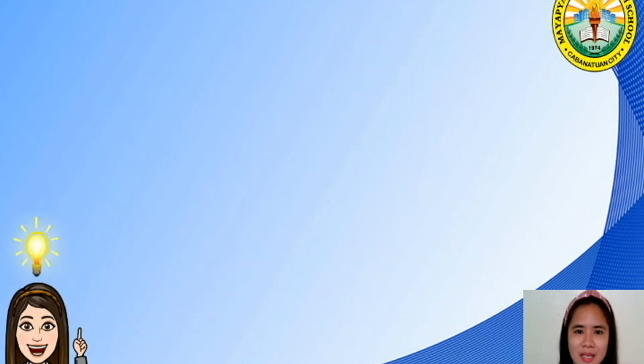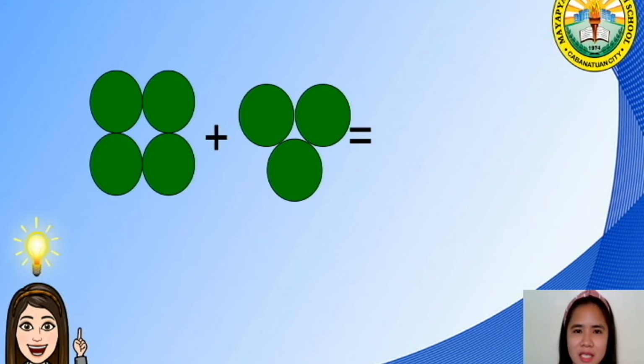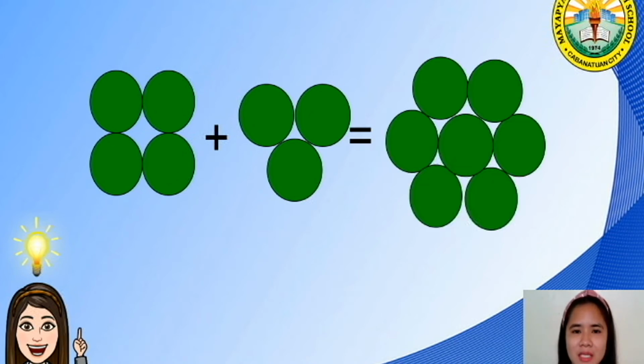Now let's proceed in adding integers. If we have 4 green chips plus 3 green chips, how many green chips do we have now? You're right, we have 7 green chips. If we will replace it with numbers, we will have positive 4 plus positive 3 equals positive 7.